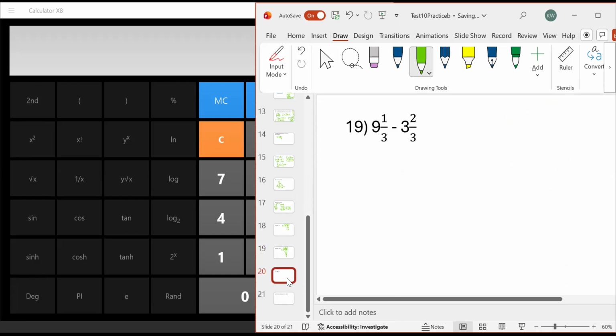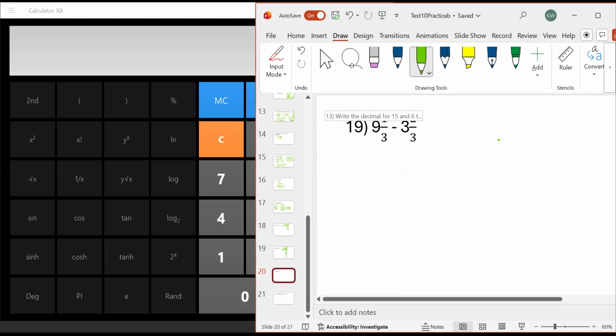All right, we have got some mixed fractions here. And we also notice that this fraction here is bigger than this fraction here. So we're going to have to be borrowing from the whole number a little bit to be able to get this to all work out. So let's go ahead and do that.